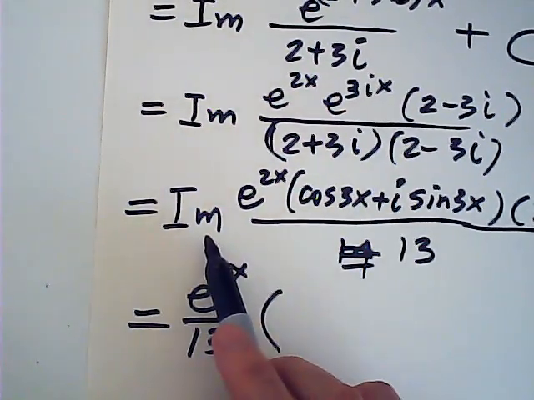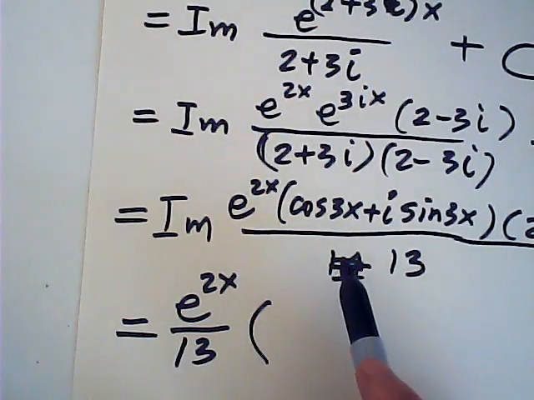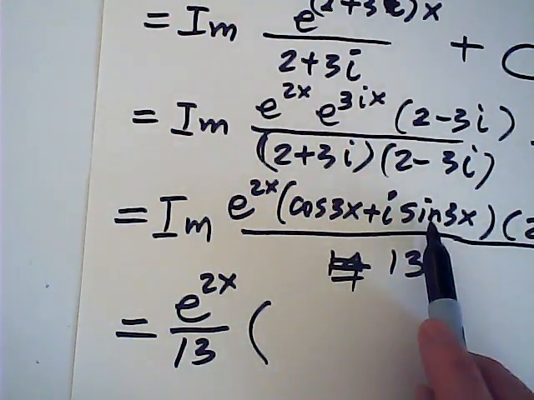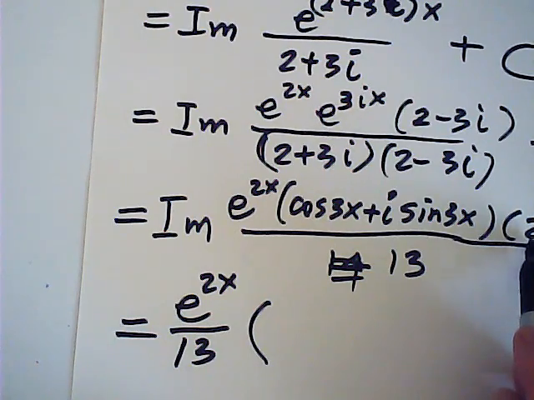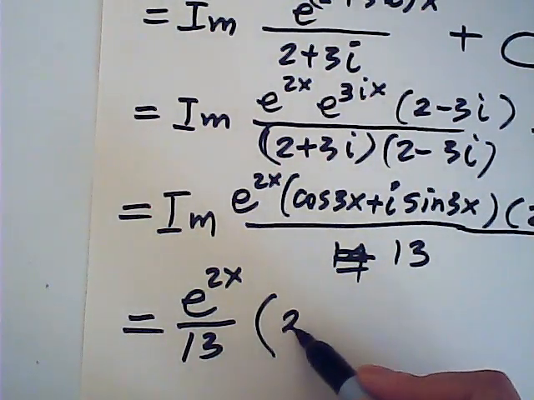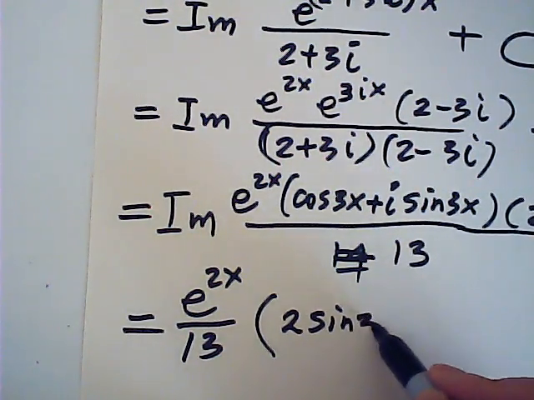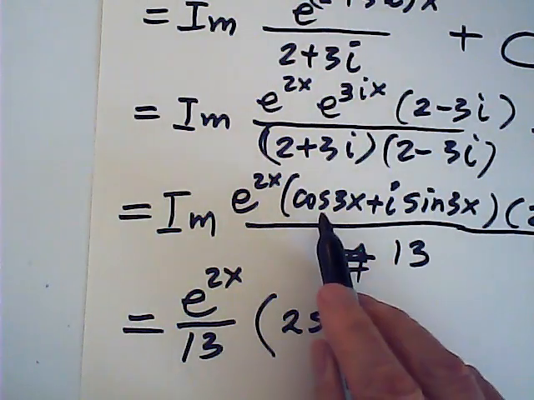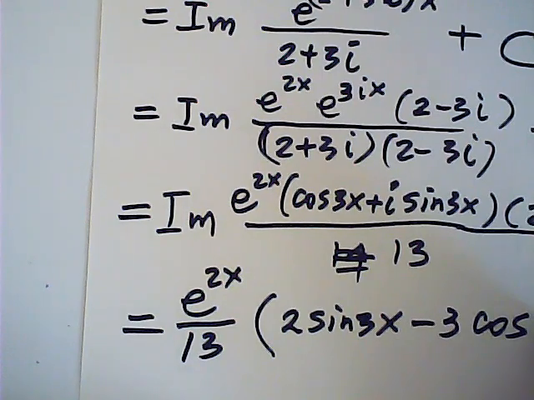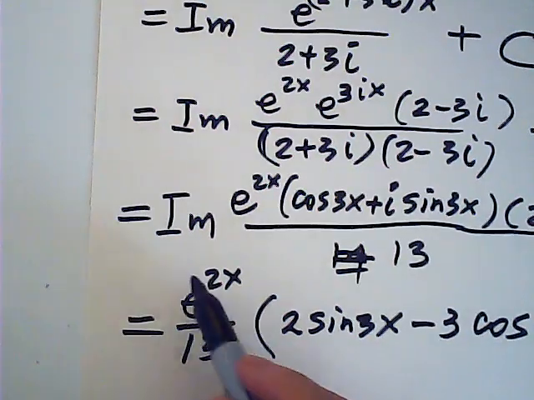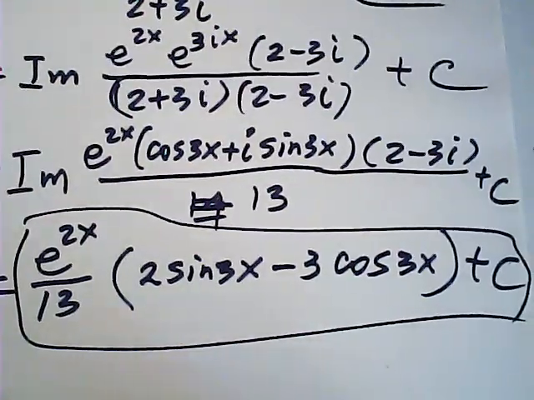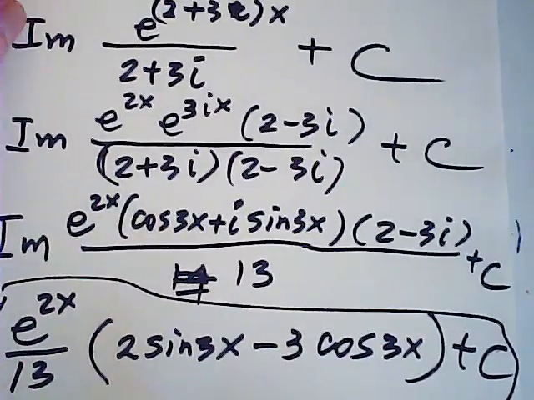Now I want the imaginary part, and this time this one is imaginary. This one times this one is imaginary. Other would be the real part. We don't need it. So this one times this one I want. This is sine 3x. This one times this one I want is minus 3 cosine 3x. See, that is the result by using the second method.